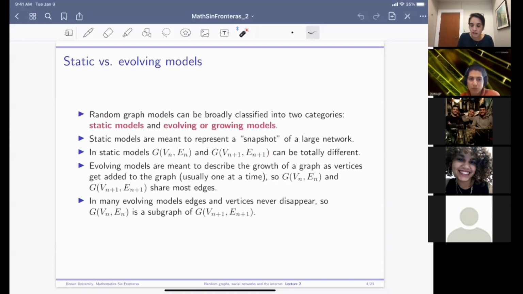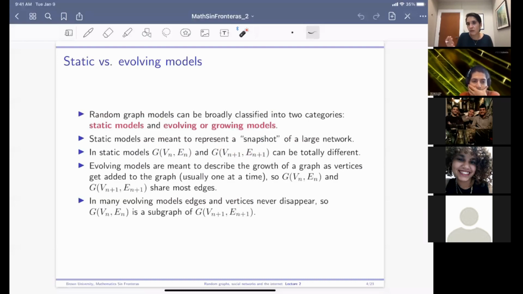So while static models are a snapshot, a photograph, evolving models have a lot of relationship between one observation and the next one, because all we're doing is saying, well, now we have a graph with a vertex set of 200. In the next instance, one new vertex joins in, so now I'm going to have 201. And you can imagine that the two graphs are going to be very close to each other.